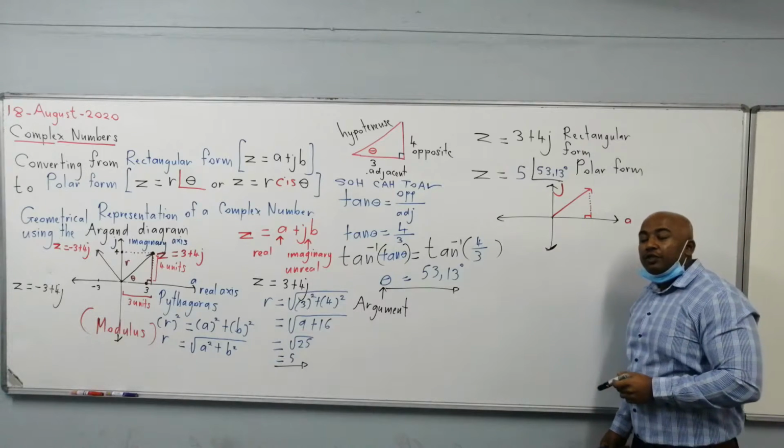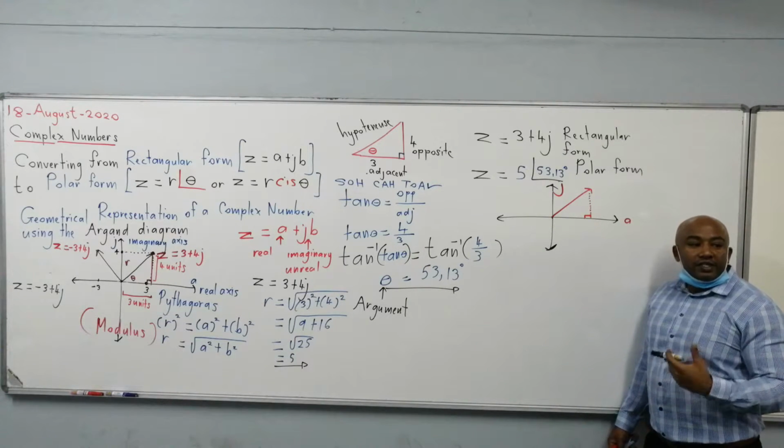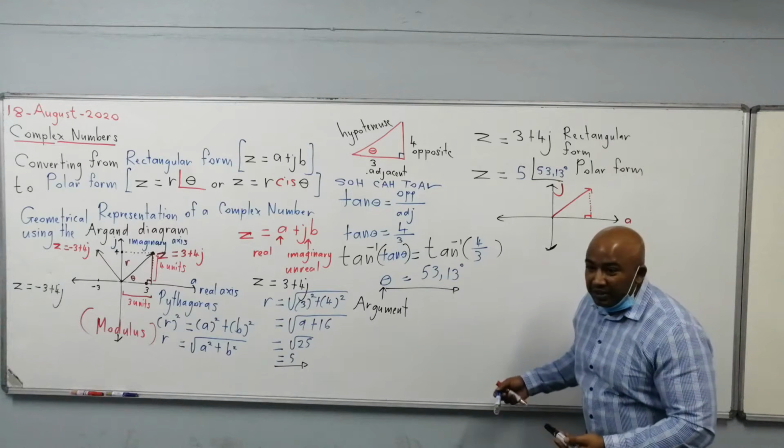Alright, so how do we convert back to rectangular form if you're given something in polar form?